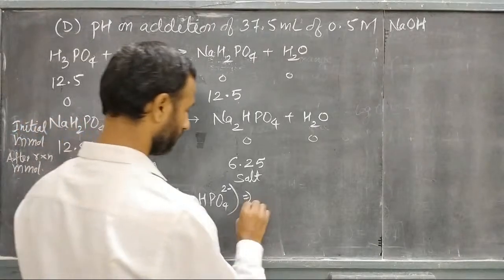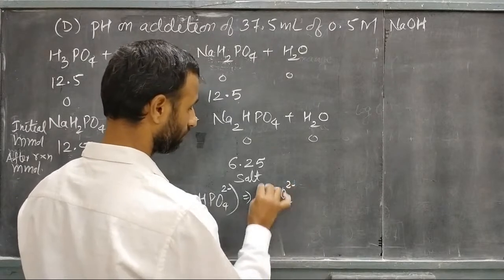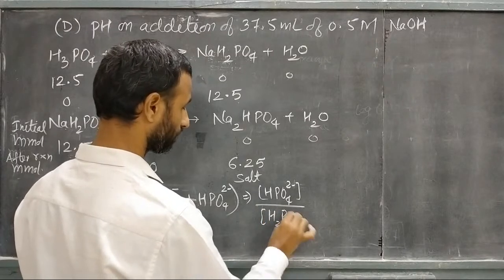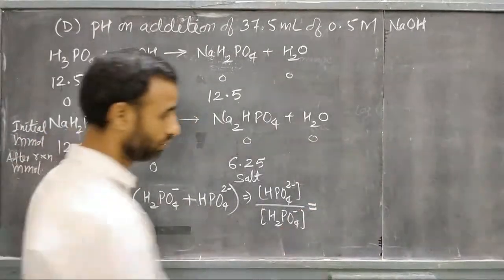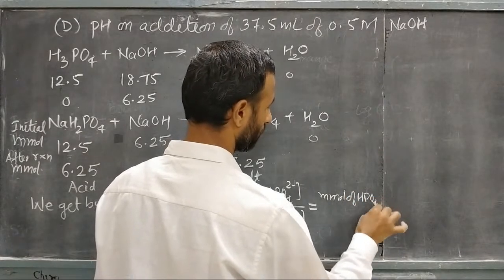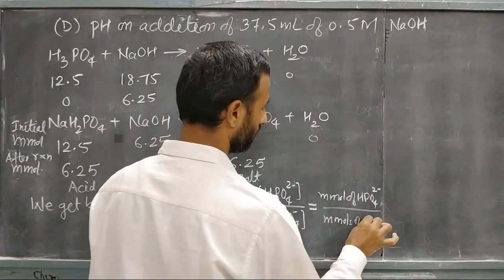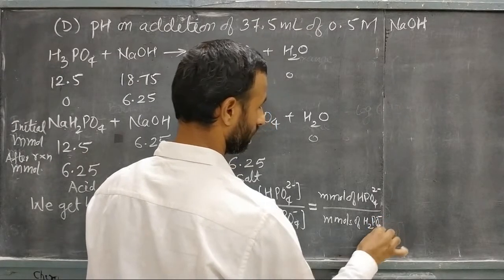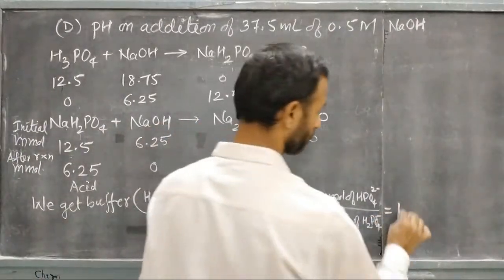The concentration of salt to the concentration of H2PO4 negative is equal to millimoles of HPO4 2 negative over millimoles of H2PO4 negative, and that is equal, so it becomes 1.